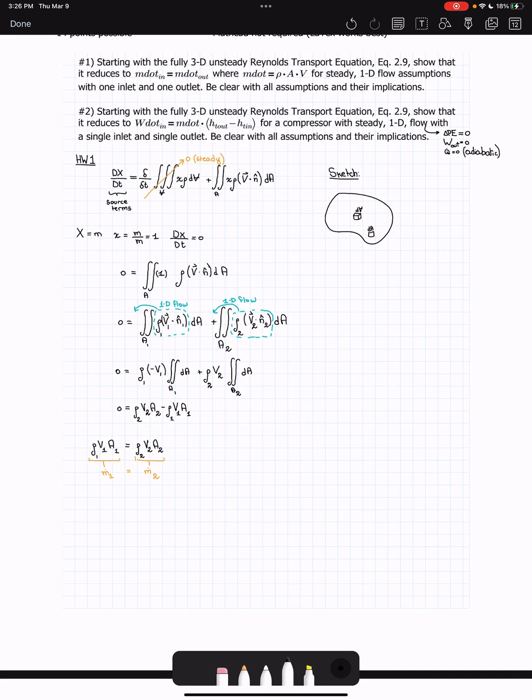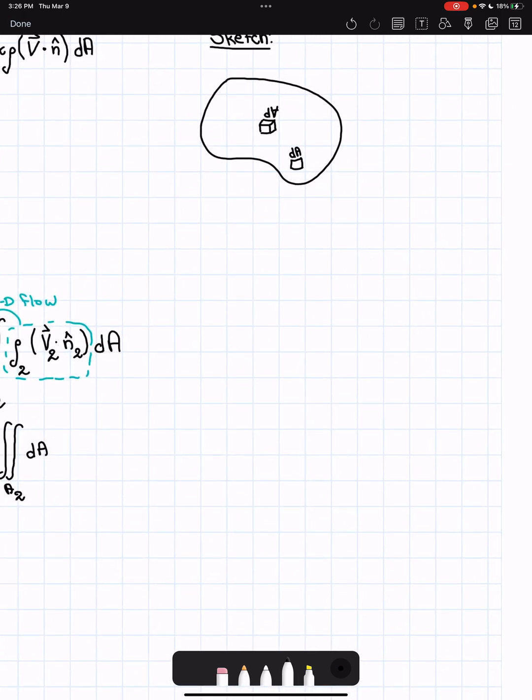So actually, I'll do the sketch of a compressor, and it'll be like this. There'll be the compressor here. There will be a control volume, which is what we're trying to analyze. There will be a shaft coming in. So we can say that there's work dot in, and then we have the m dot in, and here we have the m dot out.